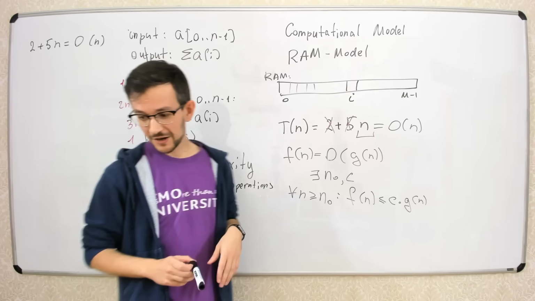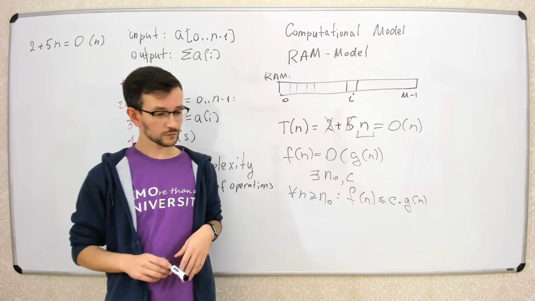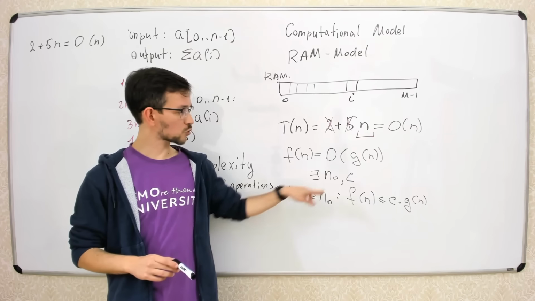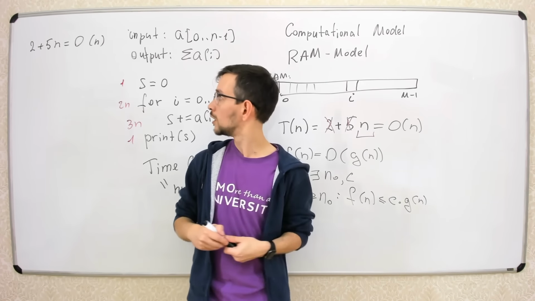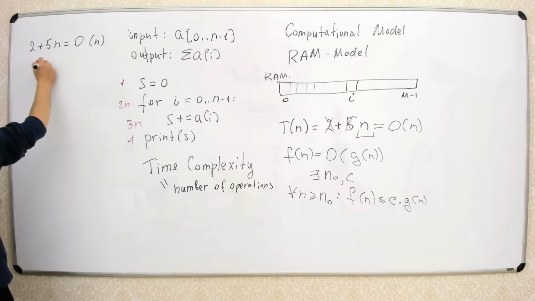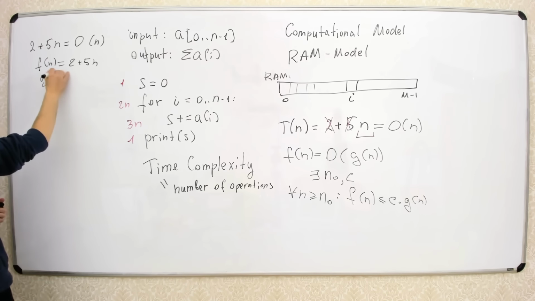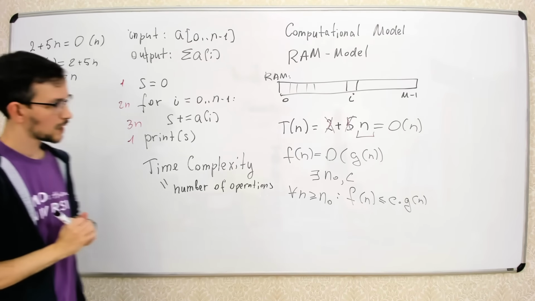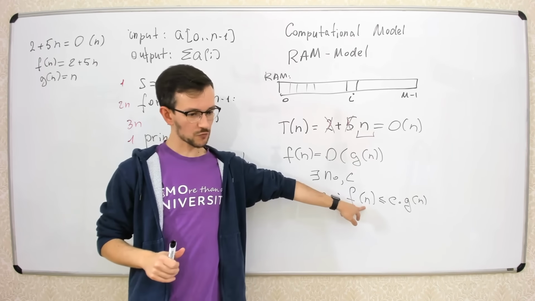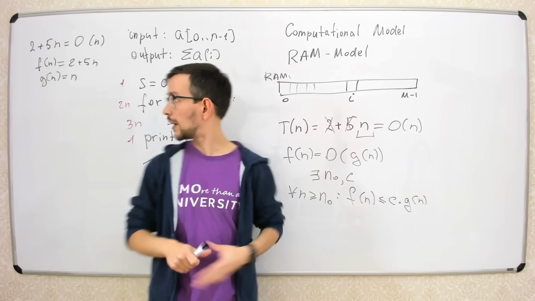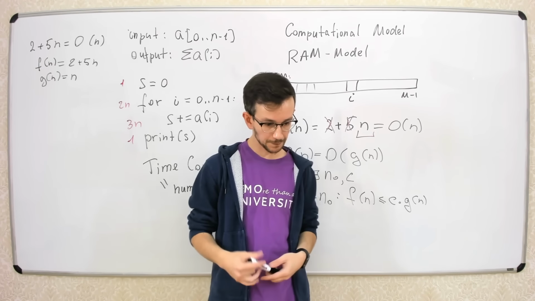Any guesses? Here, function f is 2 plus 5n, and function g is simply n. We need to find constants n0 and c such that for big values of n, f of n is no more than c multiplied by g of n.